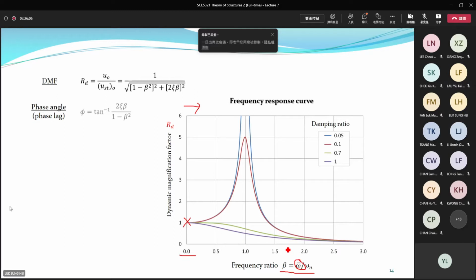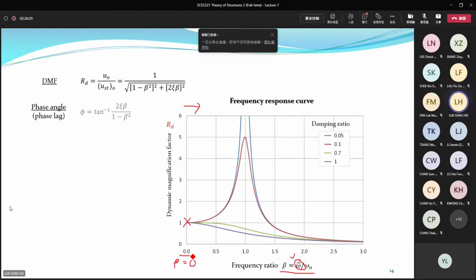What is the meaning of loading frequency equal to 0? Loading frequency equal to 0 means the loading does not oscillate. It is a constant force. It is a static force. When beta equal to 0, actually it means static. The force doesn't move. The force is a constant.